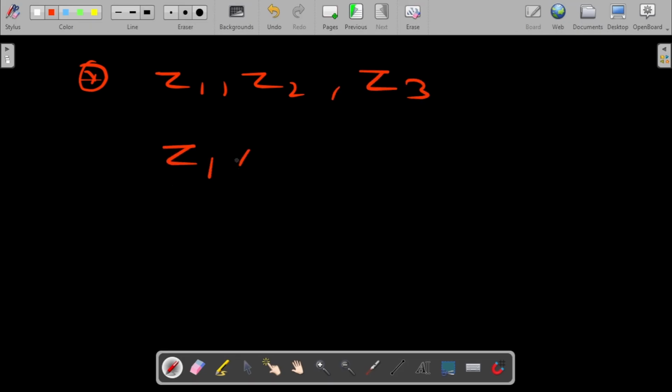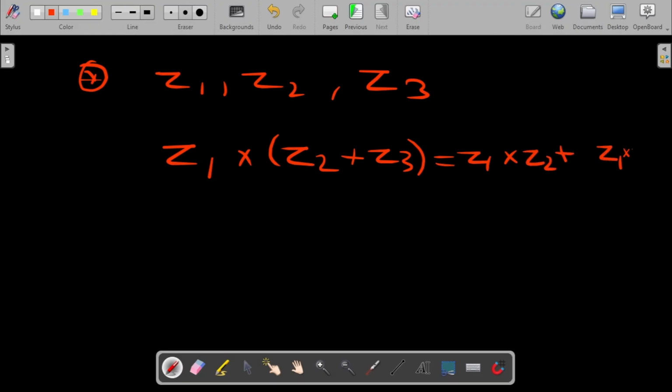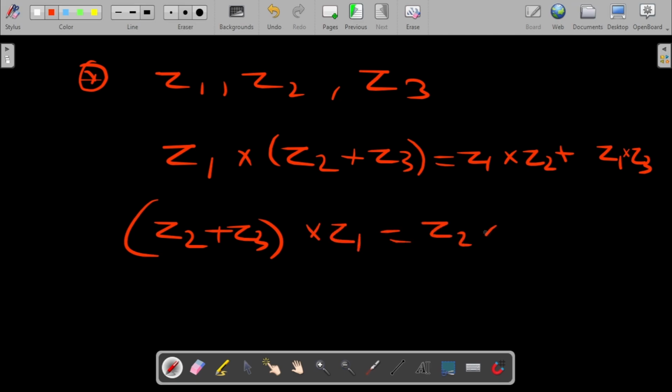That means Z1 multiplied with (Z2 + Z3) is equal to Z1 multiplied with Z2 plus Z1 multiplied with Z3, and (Z2 + Z3) multiplied with Z1 equals Z2 multiplied with Z1 plus Z3 multiplied with Z1. So complex numbers satisfy the distributive property.